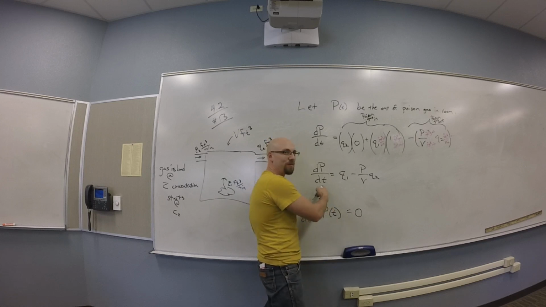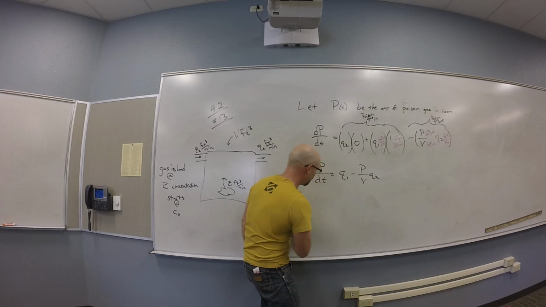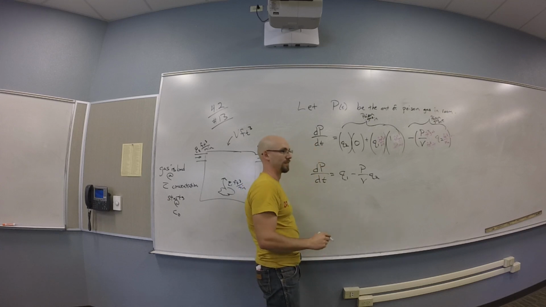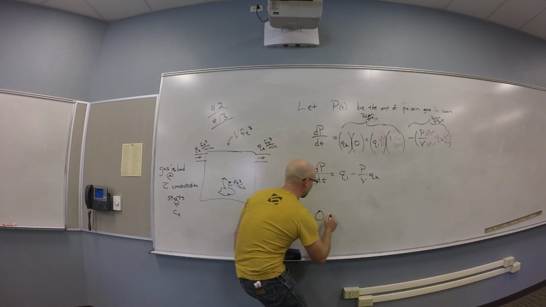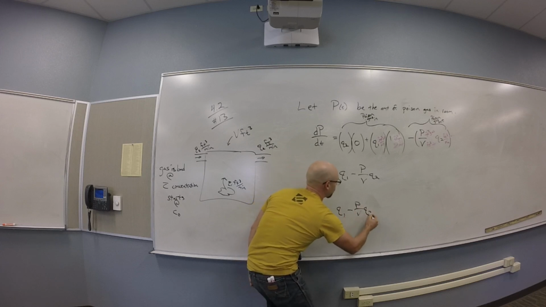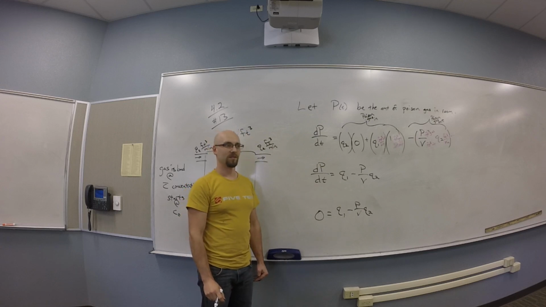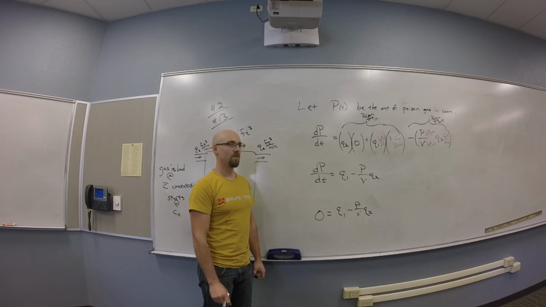Just plug 0 in for dP/dt right here. So if we do that, plug 0 in, we get Q1 minus P over V Q2. So it's VP, and then VQ. And then solve for, what am I interested in? Q2.